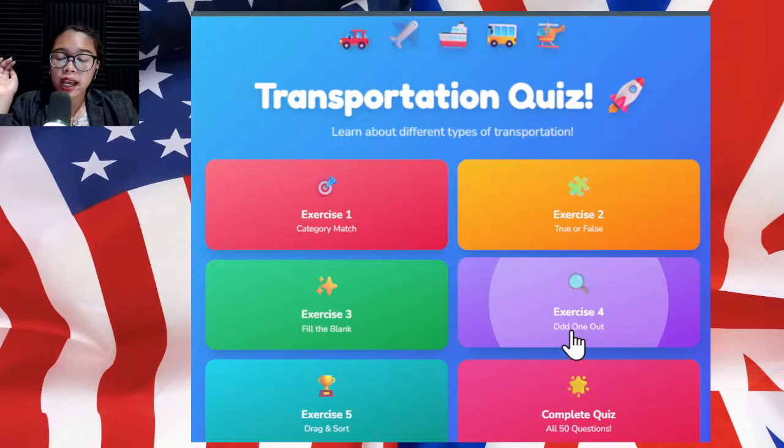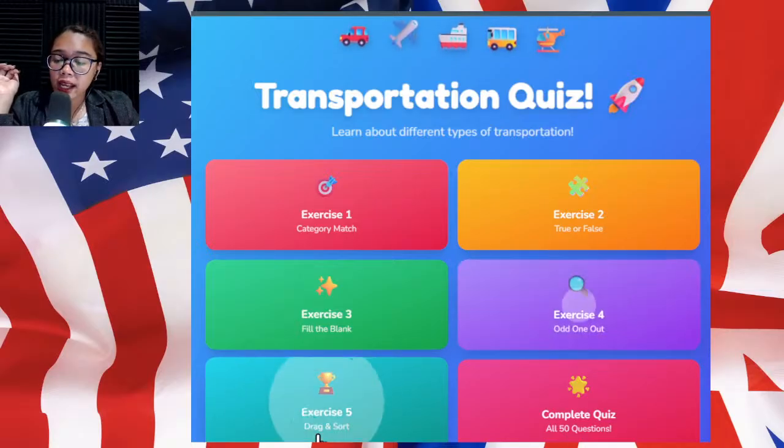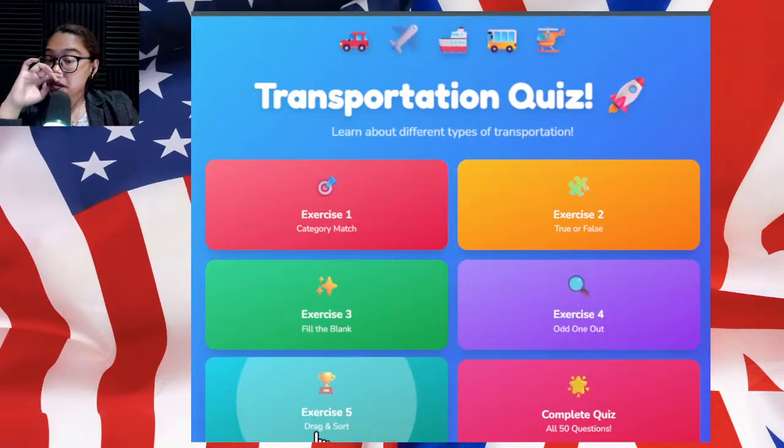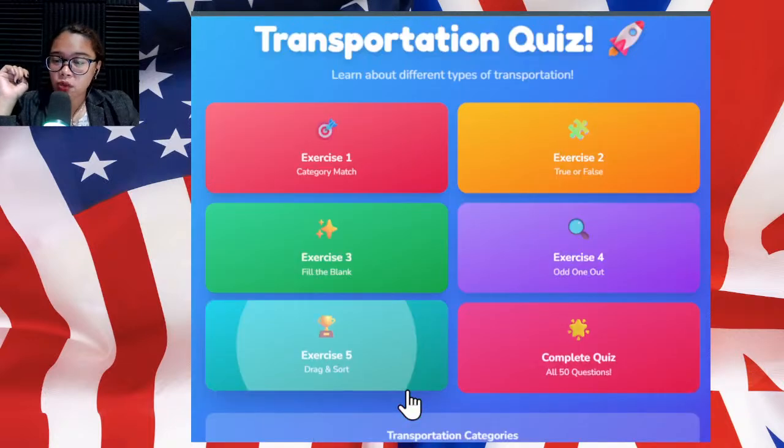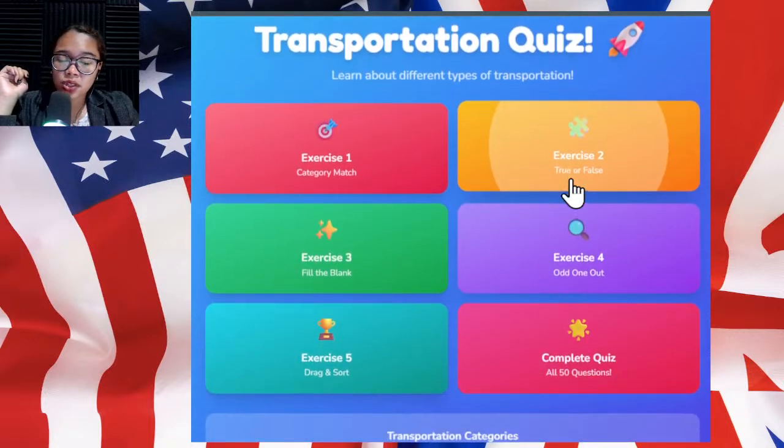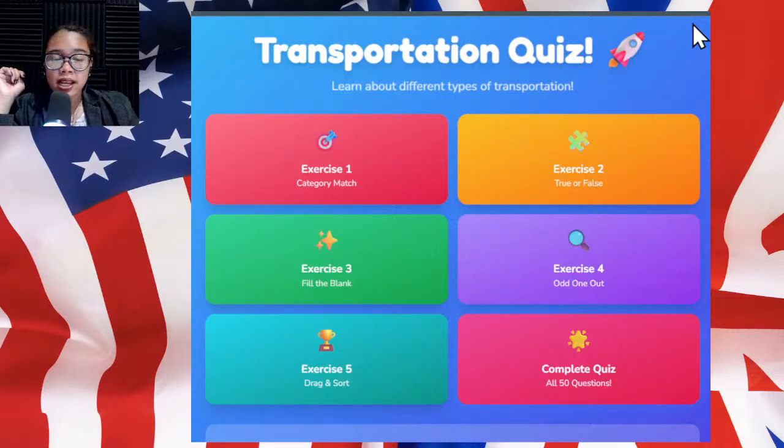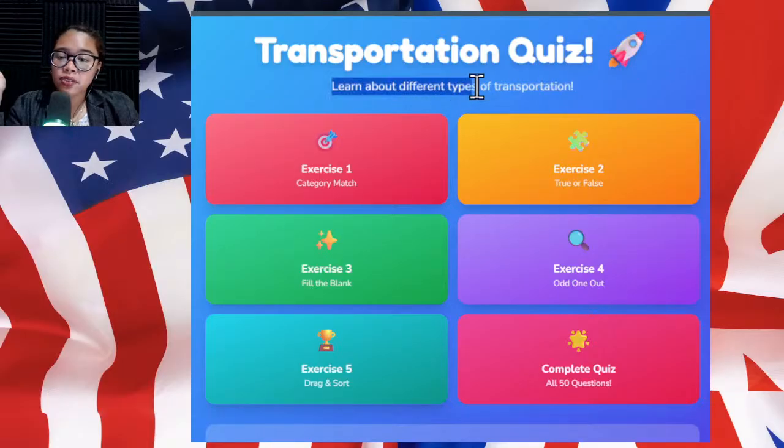Exercise 4, add one out. And exercise 5, drag and sort, which completes the set of exercises that has 50 items in total. That is on transportation exercises, where we learn about different types of transportation.